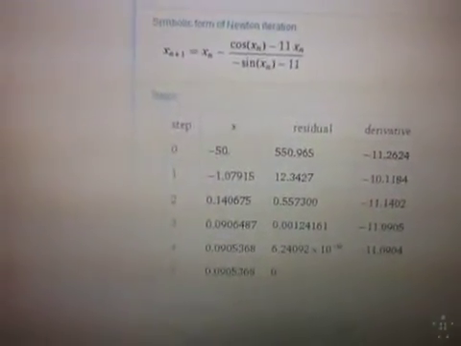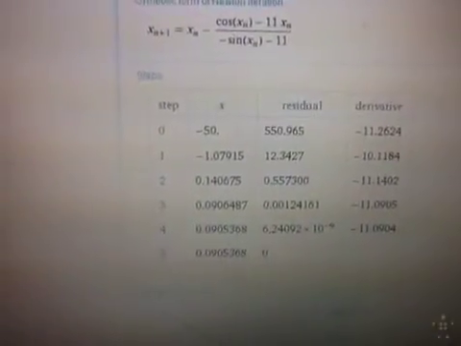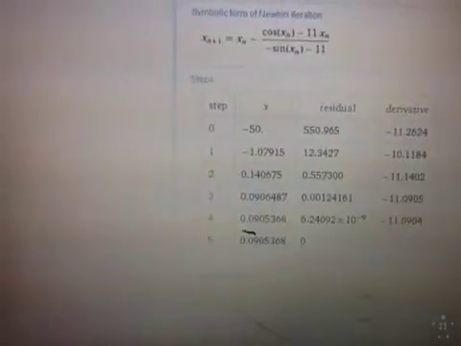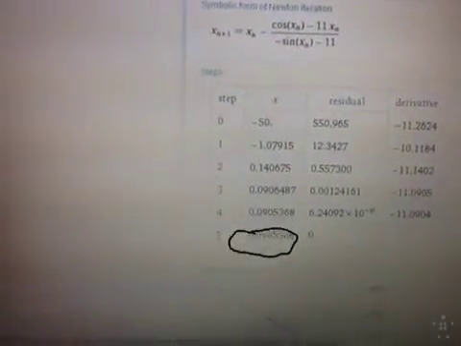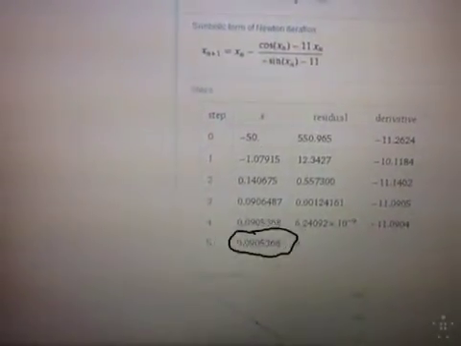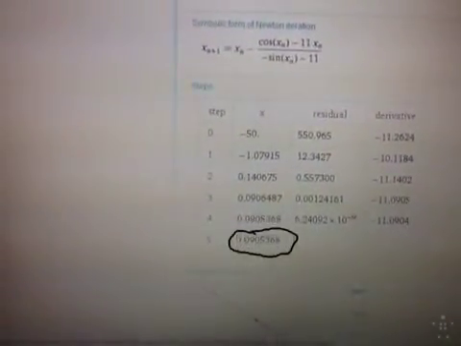Look at that, and it'll show you it used an initial step, x naught, of -50, and look how quick it converged to a fine degree of accuracy. So I'll circle that with the pen. So by the 5th step, you're getting a very fine degree of accuracy right there. Okay? So just know that Wolfram Alpha does a fine job of crunching those numbers for you. All right? Hope that helps. Good luck out there.